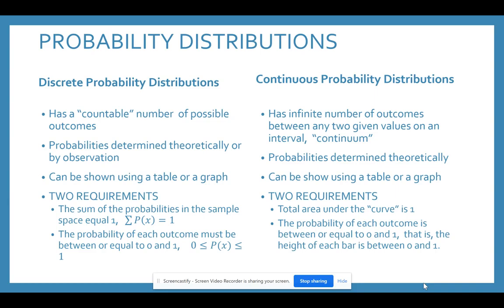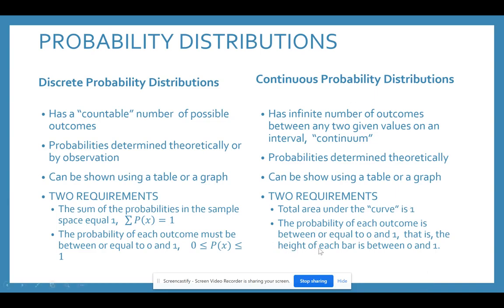So instead of saying the sum of the probabilities is equal to 1, we talk about the total area under the curve being 1. And the second one, we still have the condition that the probability of each outcome is between 0 and 1. Visually, that would mean that the height of the bars on your graph are between 0 and 1.